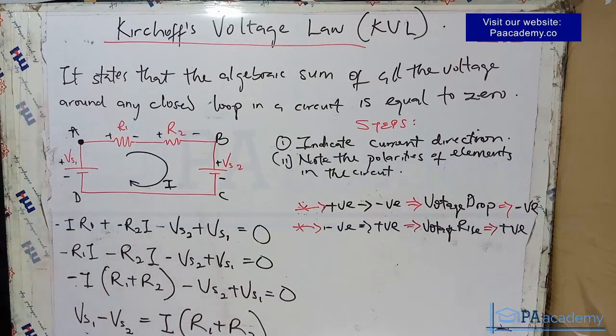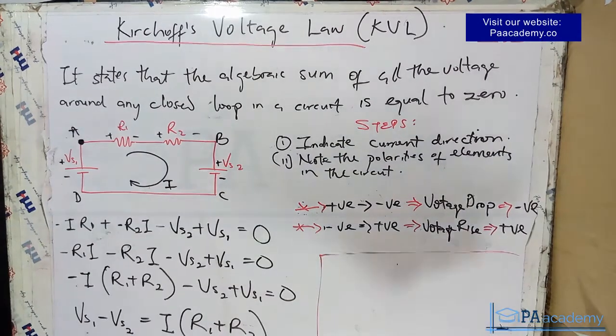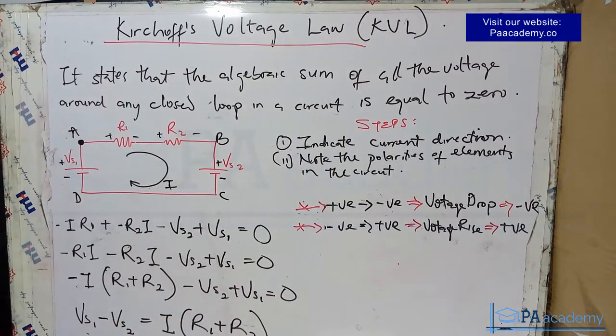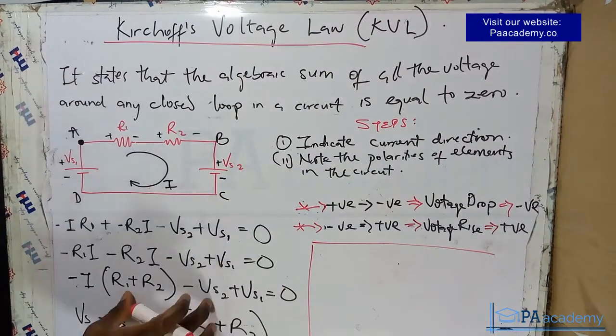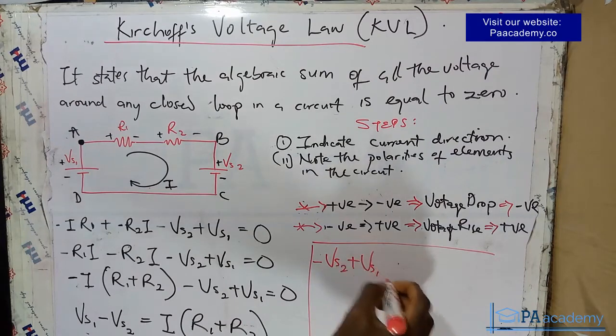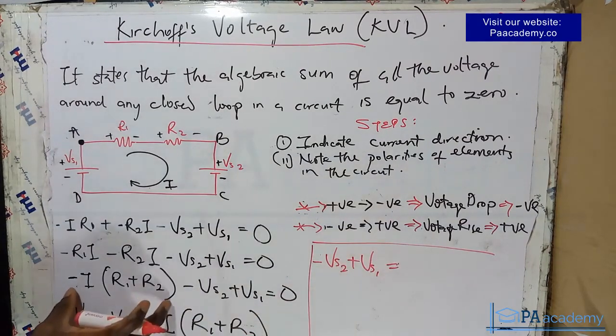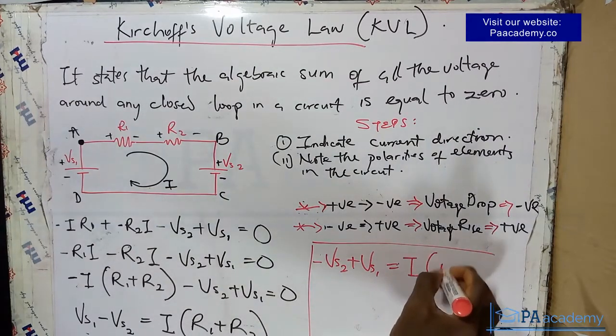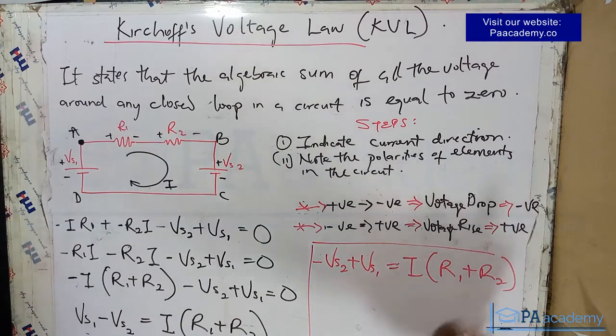In case you are confused how I went from this to this, let me just simplify it here, just in case someone is watching this and is confused. So from here, in case you don't understand why I arrived here, this minus Vs2 plus Vs1 equals to, by the time we bring this value to the other side of the equals to sign, we are going to be having I into brackets R1 plus R2.